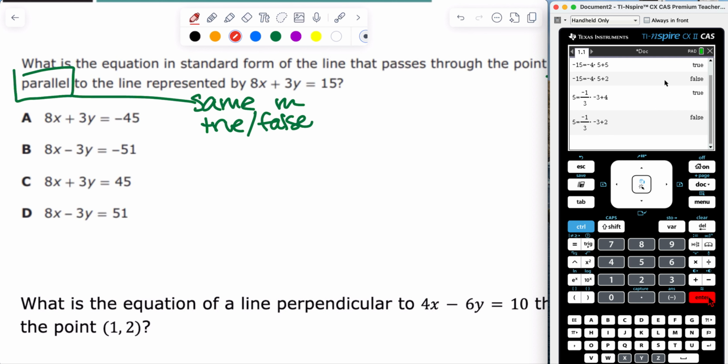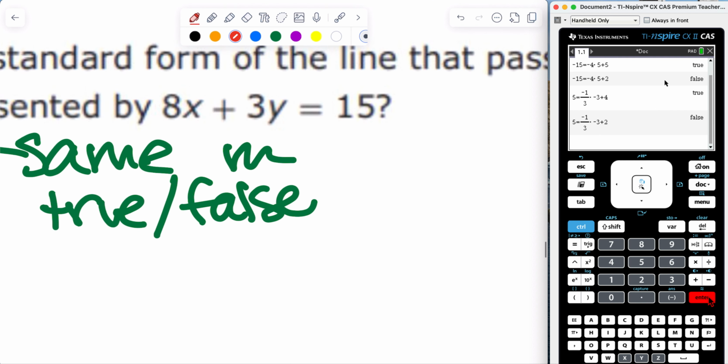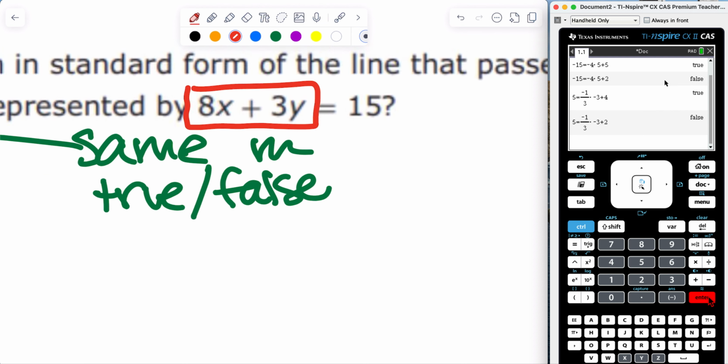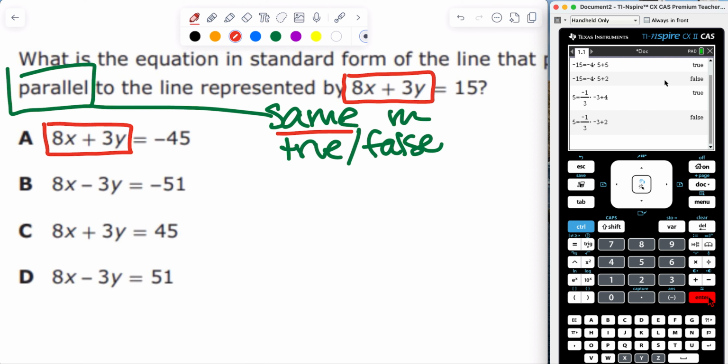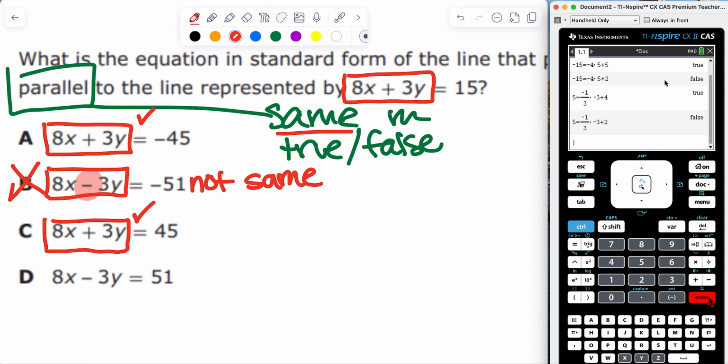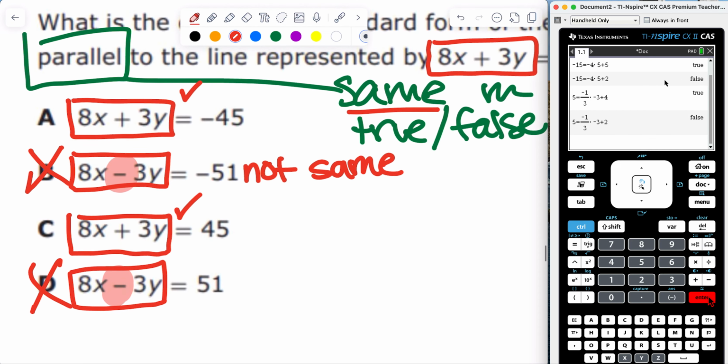Here we have 8x plus 3y. We want the same thing. So 8x plus 3y is good. 8x minus 3y, this minus is not good. This is a no-go. It's not the same. So we are between A and C now.